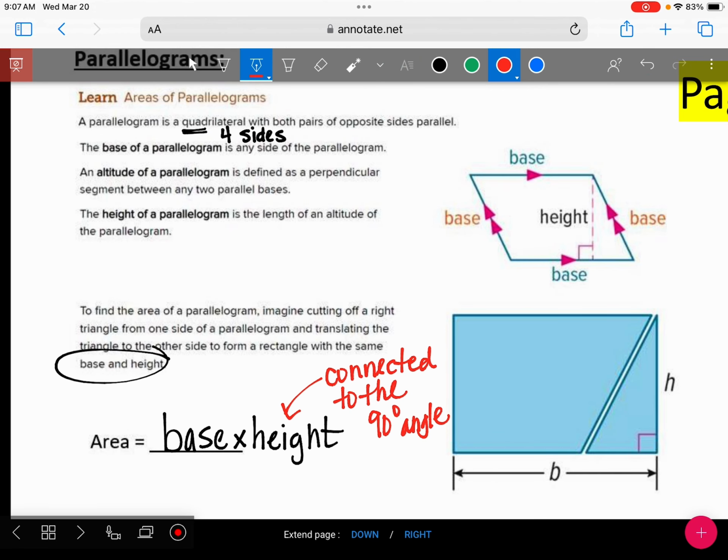Do you see in this diagram of this parallelogram right here? These are the bases, but the height is actually inside. This is our height. Now, sometimes we'll have to use the Pythagorean theorem to find the height.